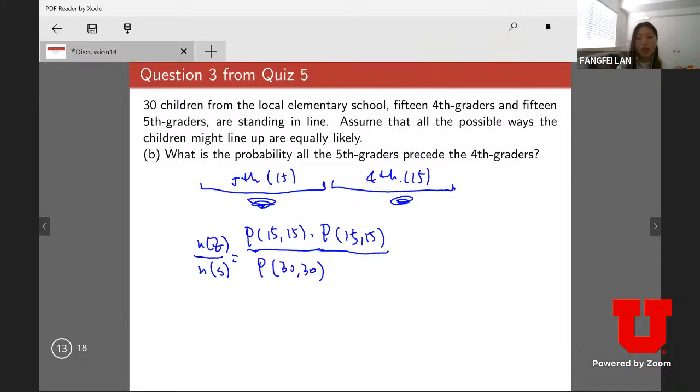And then you can imagine one combination in the fifth graders can pair up with all the different combinations in the fourth graders. So that's why we multiply them. So this is basically 15 factorial times 15 factorial over 30 factorial.